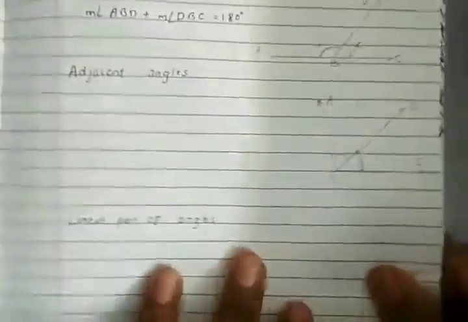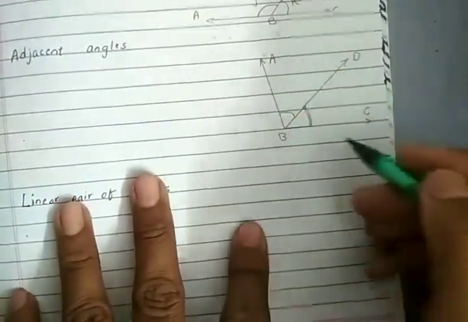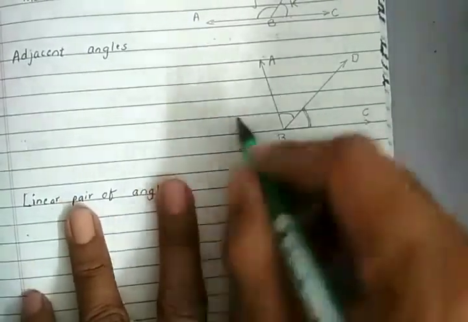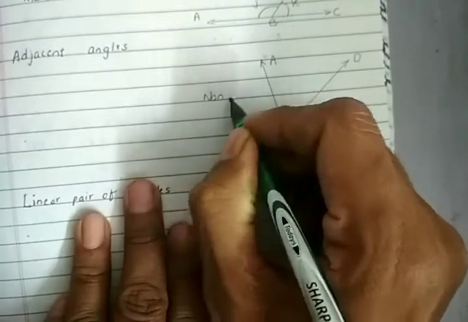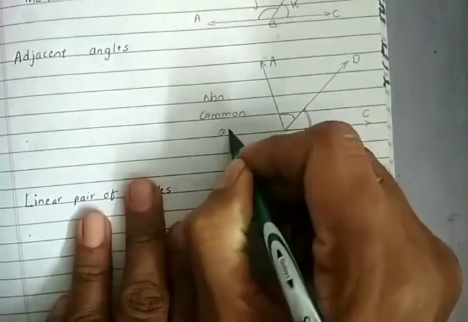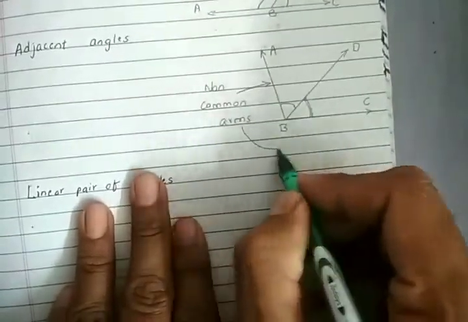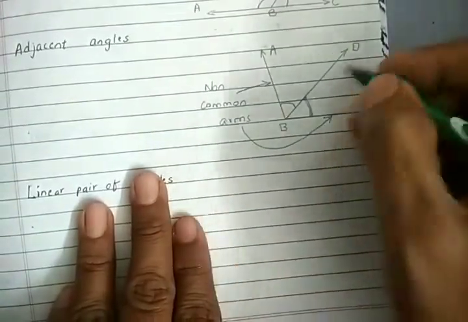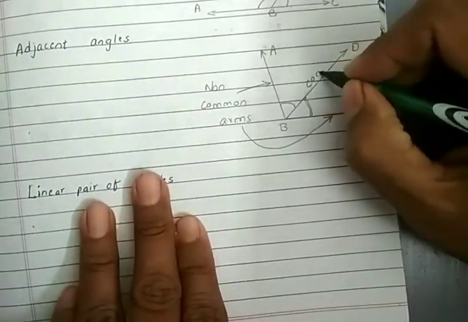Now let's learn about adjacent angles. Ray AB and ray BC are non-common arms, and ray BD is a common arm.